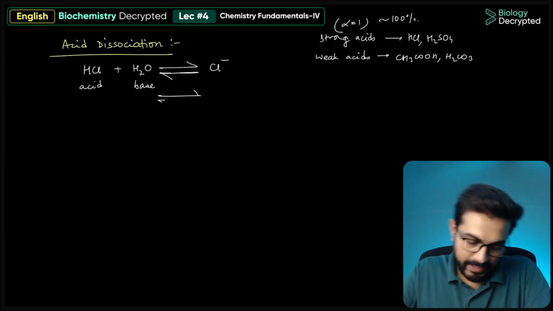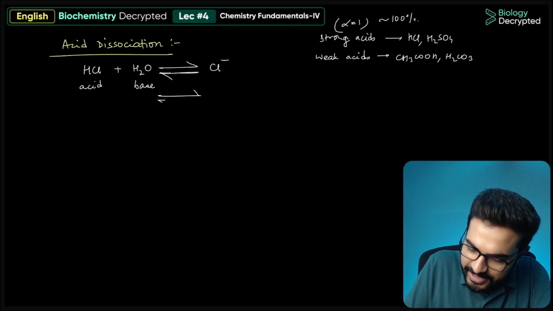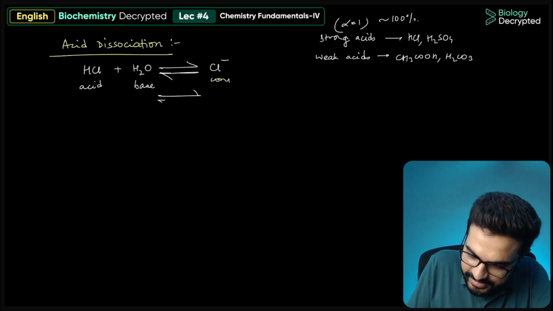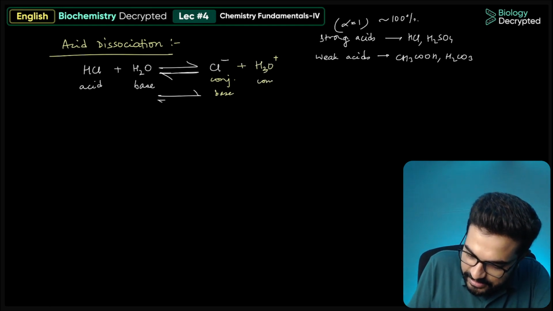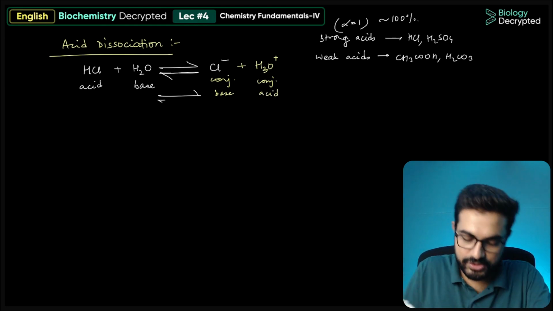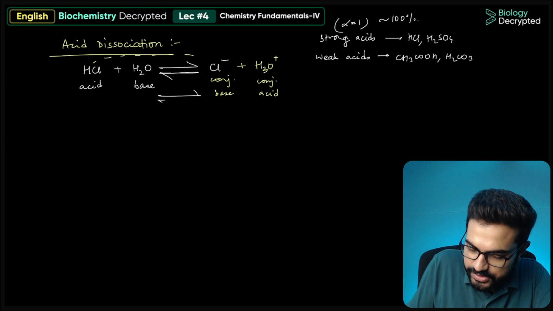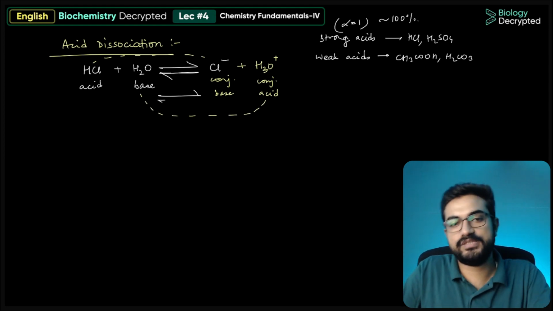Now if we talk about the dissociation of an acid, Cl minus here is the conjugate base, and obviously H3O plus is the conjugate acid. Now we know the concept of conjugate base and conjugate acid. So this is the conjugate base for this acid, and this is the conjugate acid for this base.